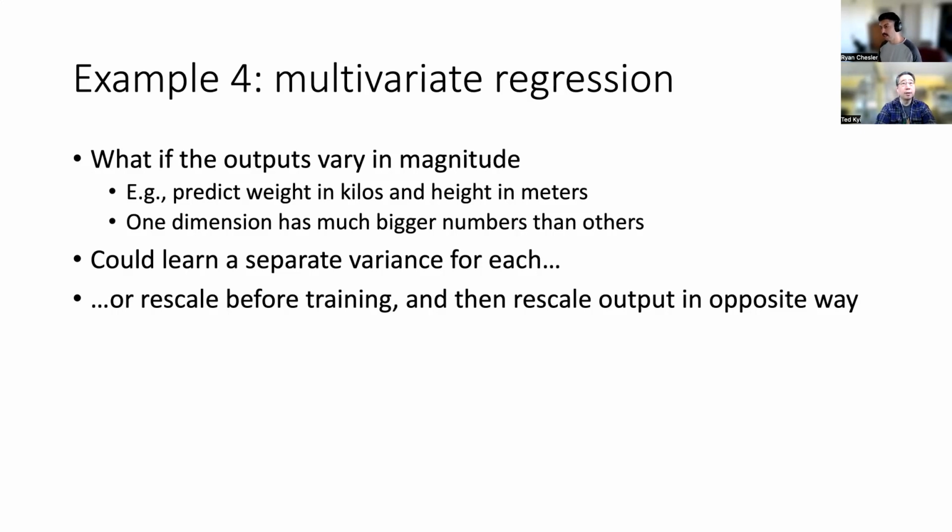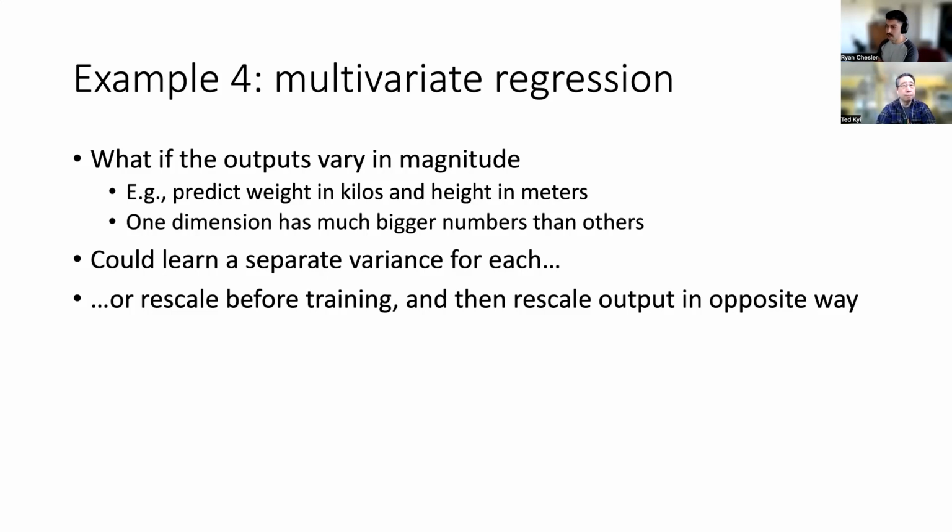If you have weight in kilos and it's 80 kilos, for example, and you have height in meters and it's only two or three, then your loss is going to be scaled accordingly. And so when you're actually optimizing, you'll probably put more weight towards optimizing the kilos than the meters.